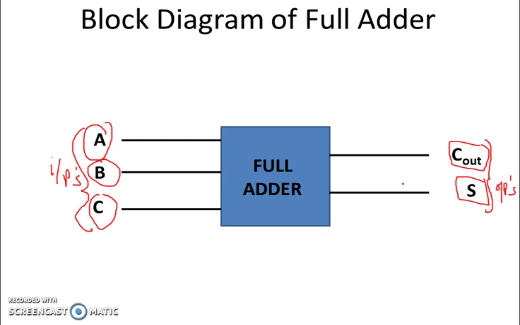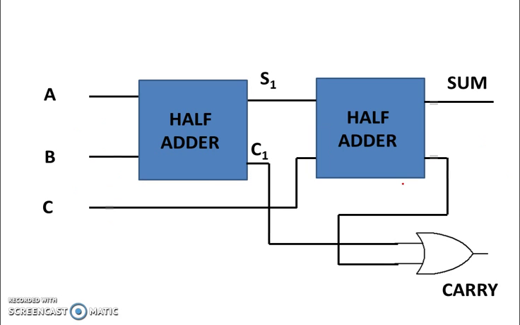Now let us see how we can implement a full adder using 2 half adders. In this diagram, we have 2 half adders, where each half adder takes only 2 inputs. This is the first half adder and this is the second half adder.